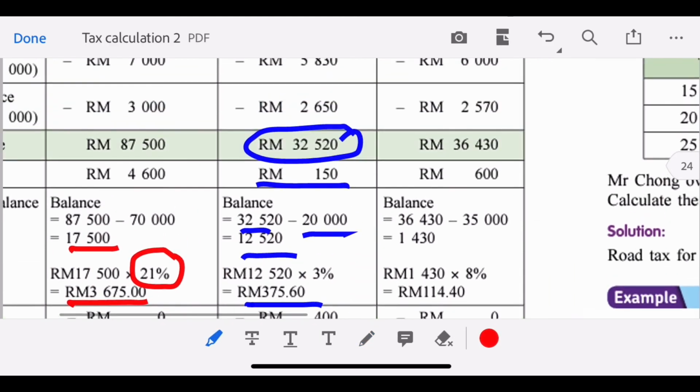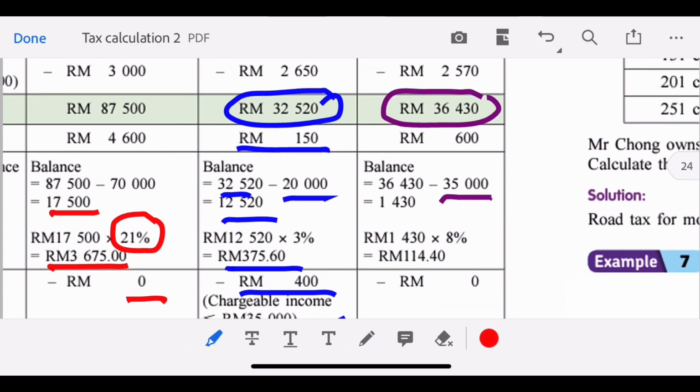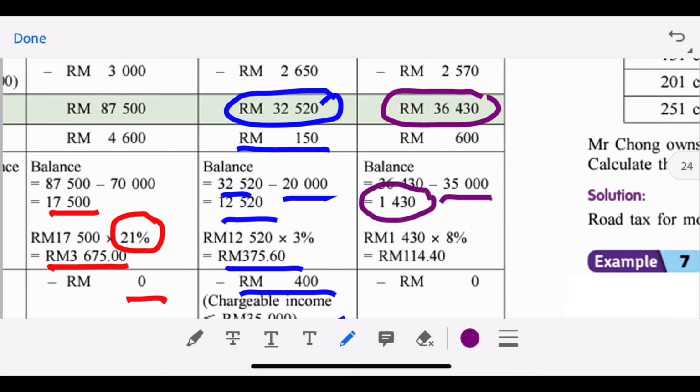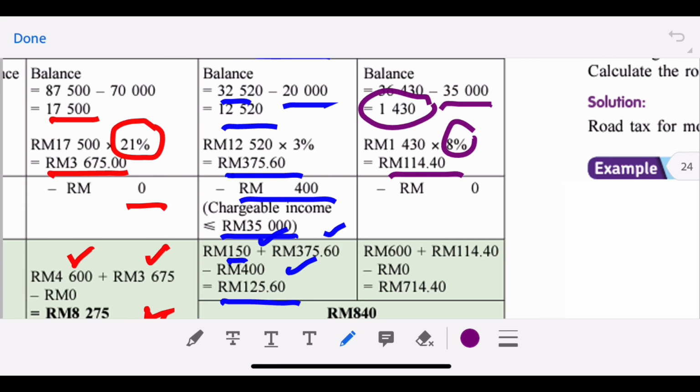And then for his wife, okay, her chargeable income is 36,430, minus the first 35,000, so the balance is 1,430 times the 8%, so it's 114.40. There is no rebate because her chargeable income is more than 35,000, so the rebate is 0.